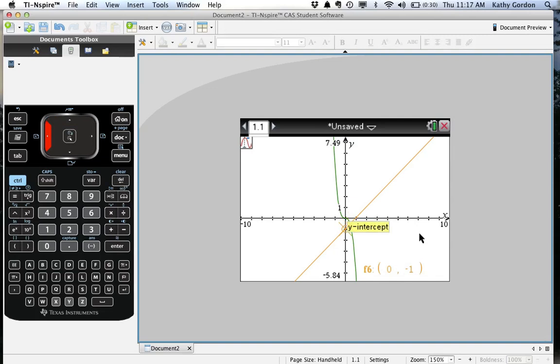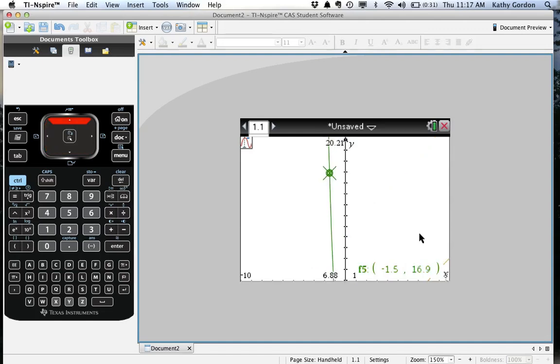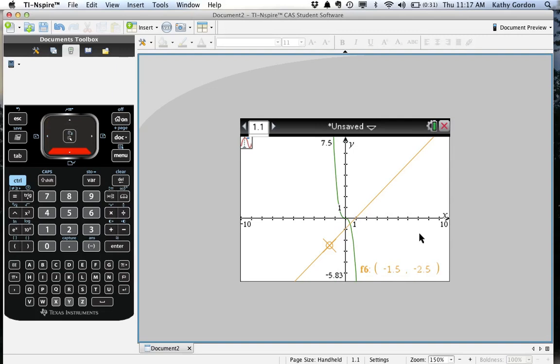If I come back here to when x is 0, I would be taking a negative 1 from the linear, but again times the 0 of the cubic, and so my result would also have an x-intercept here. If I go down a bit further, maybe something like negative 1.5, then I would have 16.9 times negative 2.5, and the result of that would be on my resulting graph.